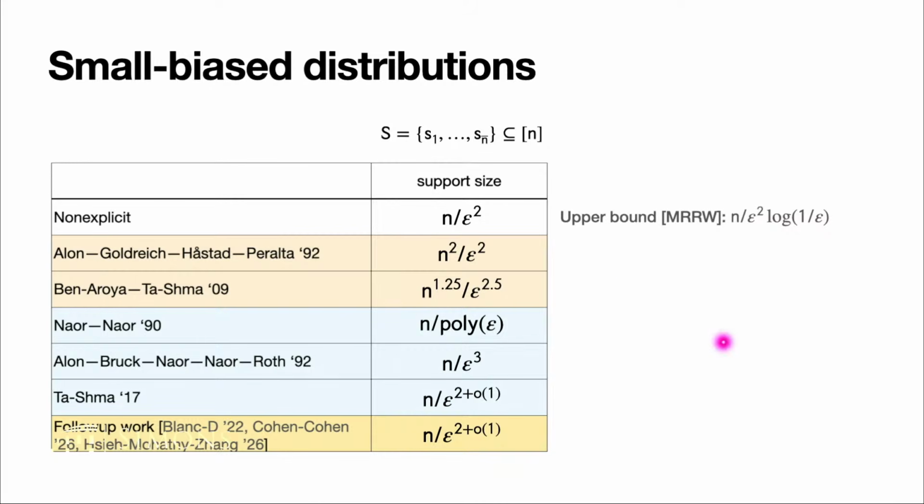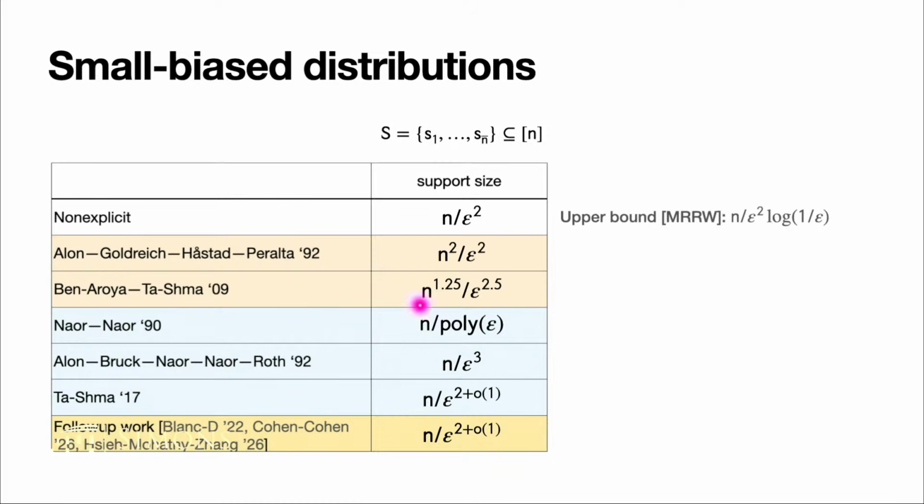It's almost tight. I will show you very soon what we call the AGHP construction, which gets n squared over epsilon squared. Now, because of coding theory, we really care that here it's n and not something else, because that means the rate only depends on epsilon.